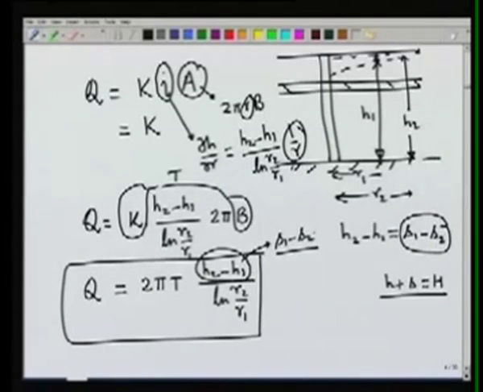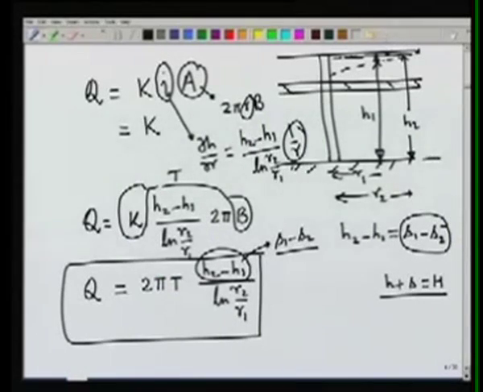S1 and S2 are easy to measure because we know the initial water level, or the piezometric head level in this case, and the final piezometric head level. The difference between those two will be the drawdown S.